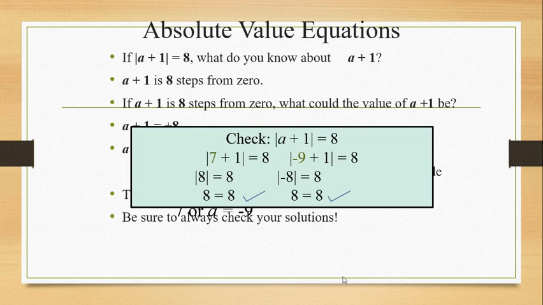So if we put in 7 for a and -9 for a, notice on the left side we get 7 plus 1 is 8, so 8 is equal to 8. On the right-hand side, we have -9 plus 1, which gives us -8, but remember, it's in the absolute value sign, so 8 is equal to 8. So our solution for the absolute value of a plus 1 equals 8 is a is equal to 7 or -9.